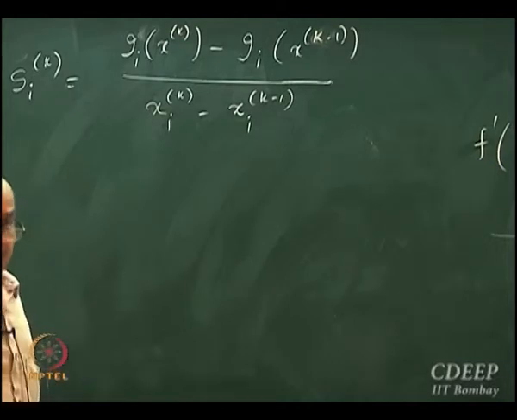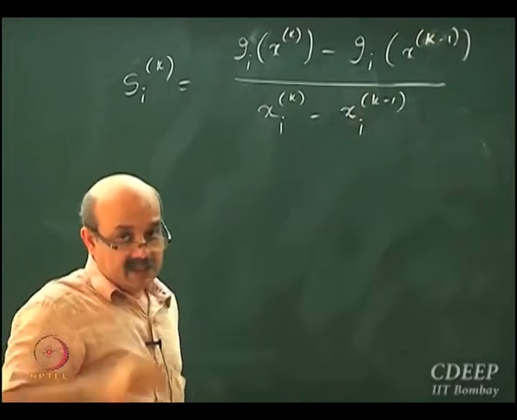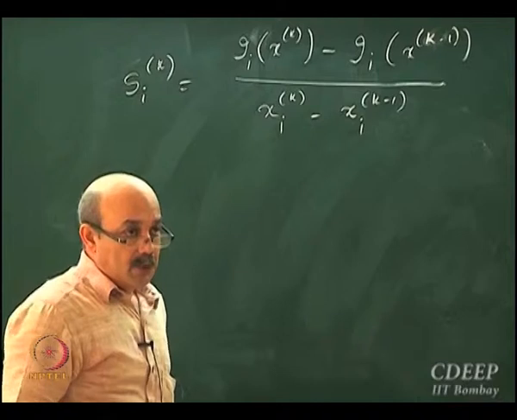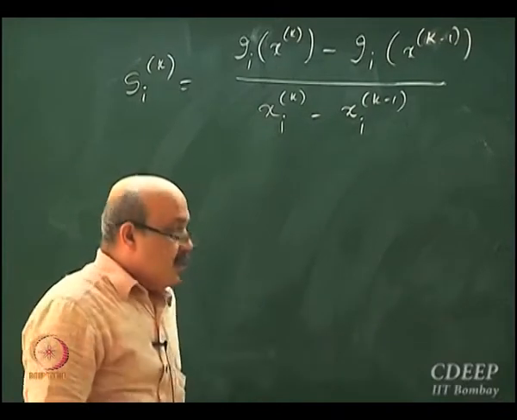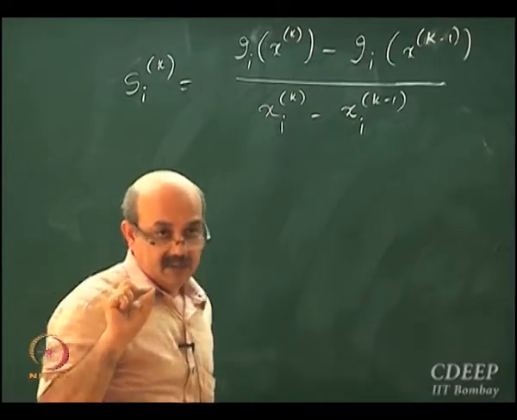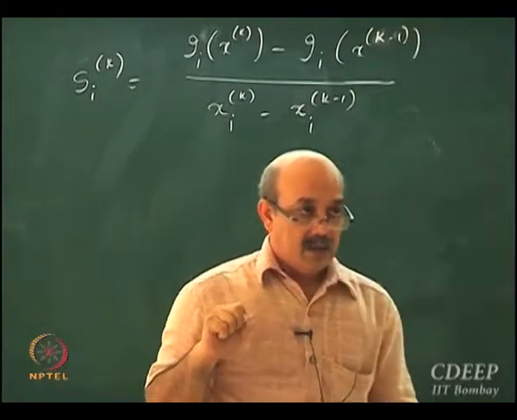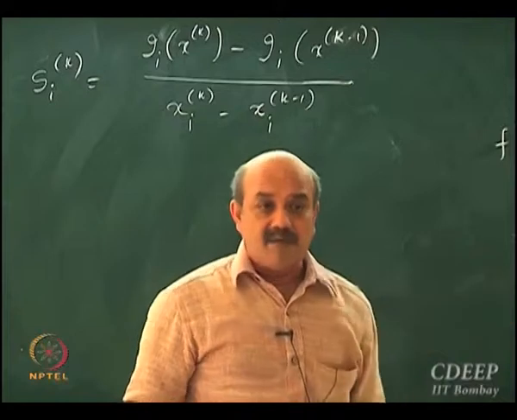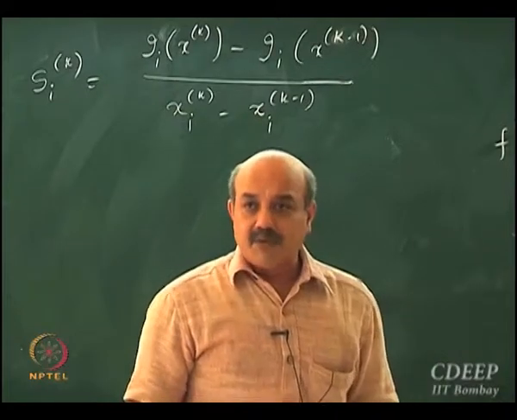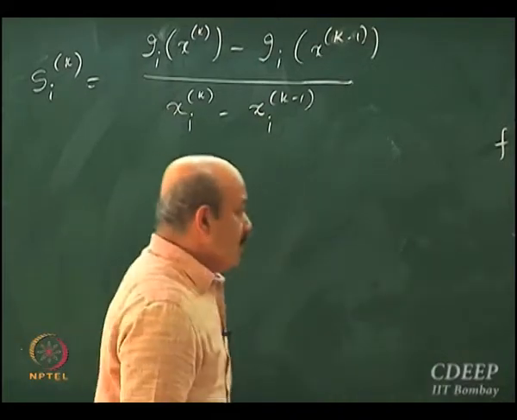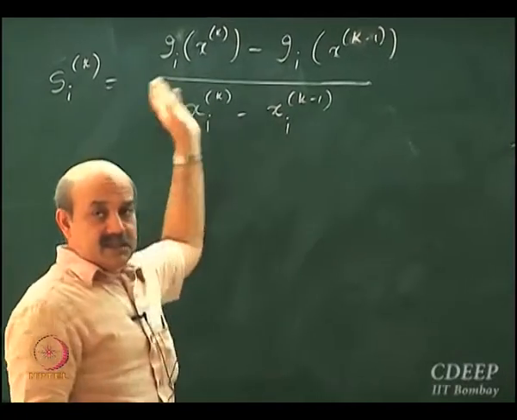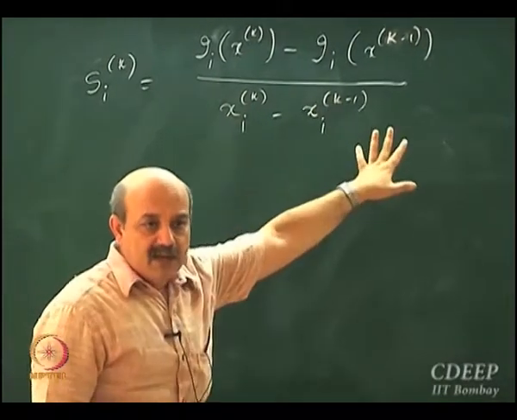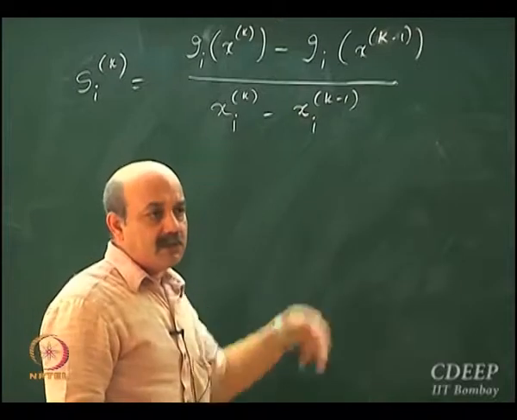Now I am going to apply the secant method to the ith equation. I have these equations fi of x equal to 0. Just for the time being, keep this Si to the side. Why I am defining this Si will become clear soon.